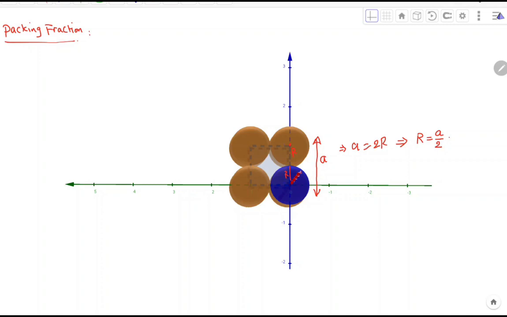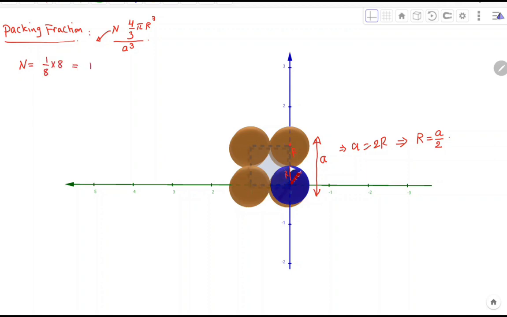So it's defined as n multiplied by the volume of the sphere, divided by a cubed. n in this case for the simple cubic crystal is equal to 1/8 times 8, equal to 1.